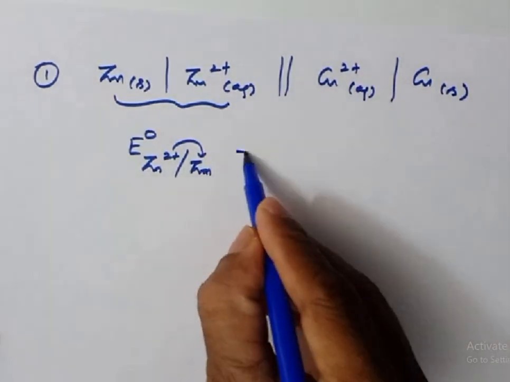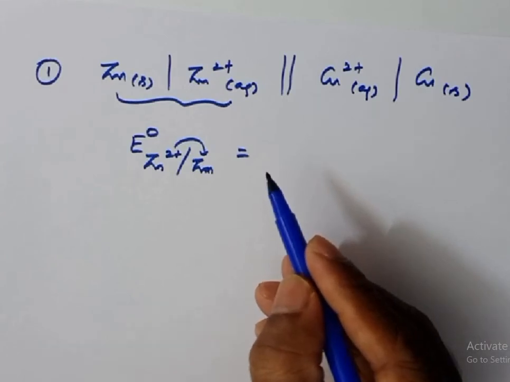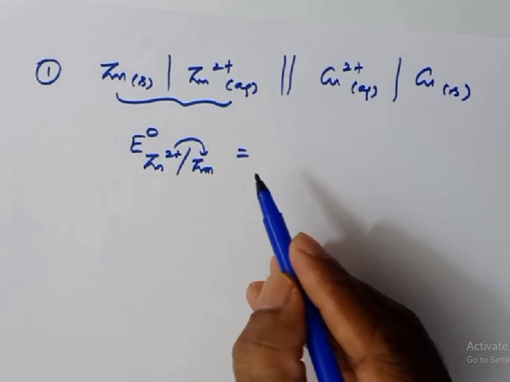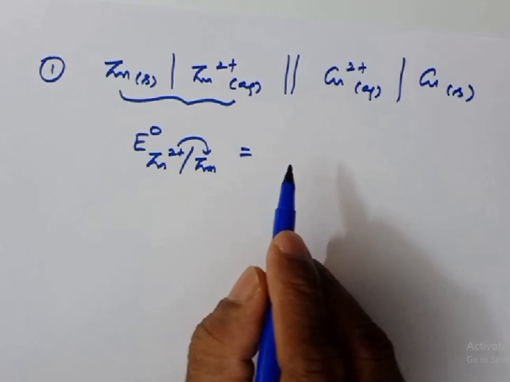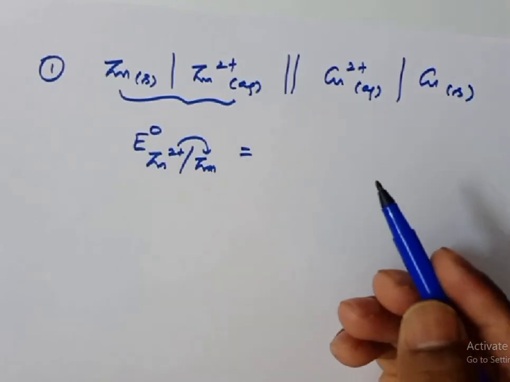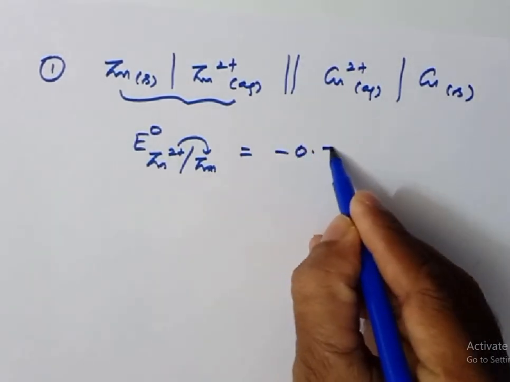I am just taking the value from the table, but in the examination they will provide the values. So right now I will take the value from the table. The value for zinc is minus 0.76 volt.